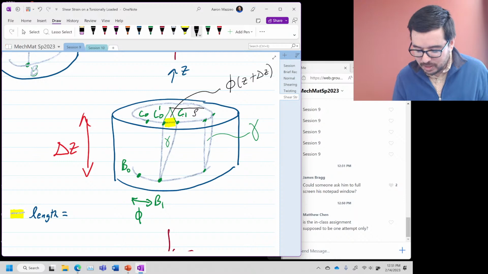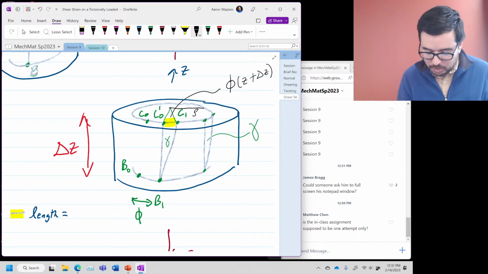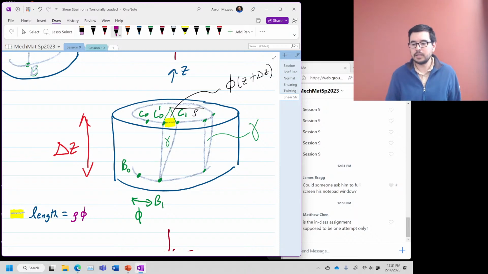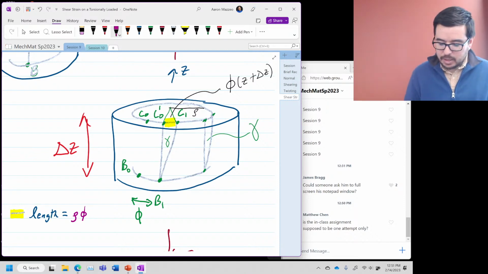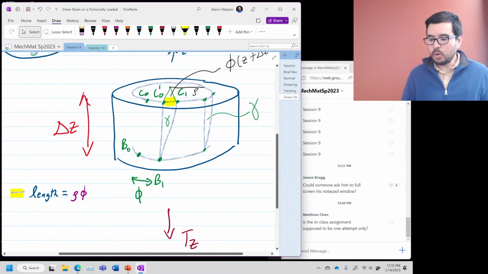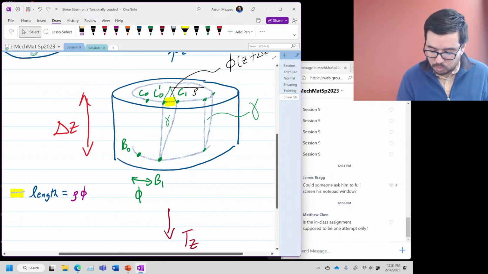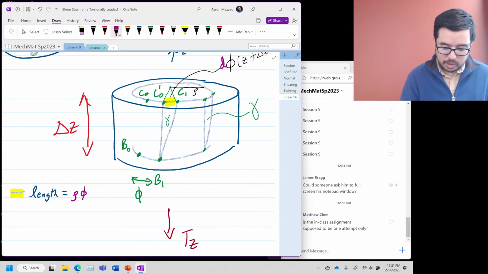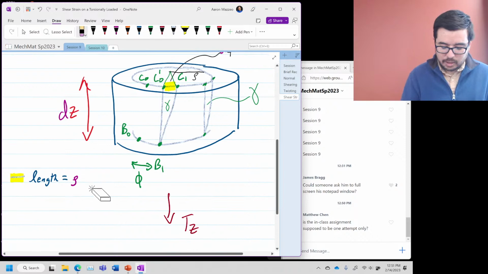So this is the rho. So that length ends up being rho, okay, times phi. Or it's really a d phi, okay, if you will. All right, and we can call this a dz, if you will. So that length is rho d phi.